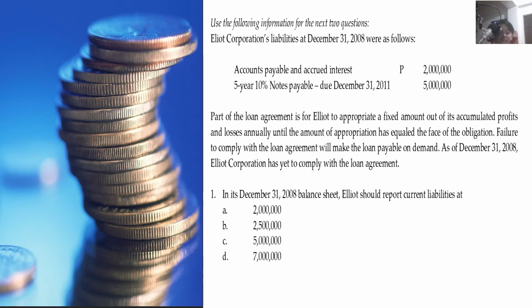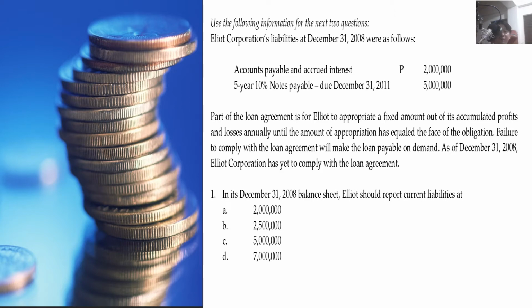Part of the loan agreement is for the company to appropriate fixed amount of its accumulated profits and losses annually in the amount of appropriation has equaled the face of the obligation. Failure to comply with the agreement will make the loan payable on demand. As of December 31, 2008, the company has yet to comply with the loan agreement.